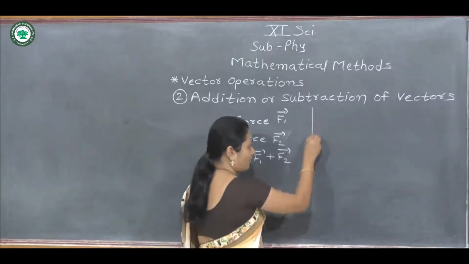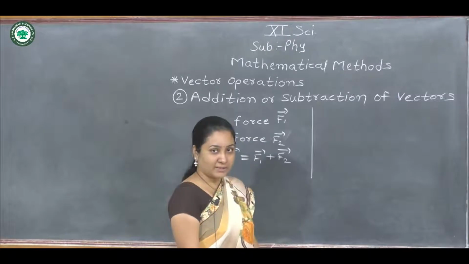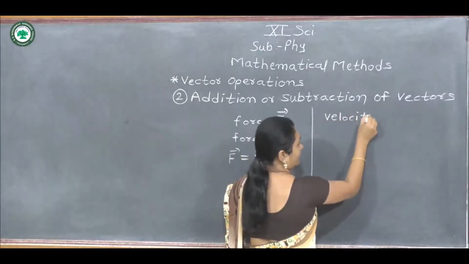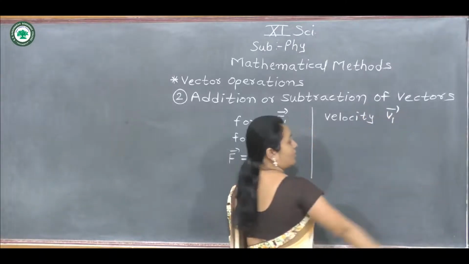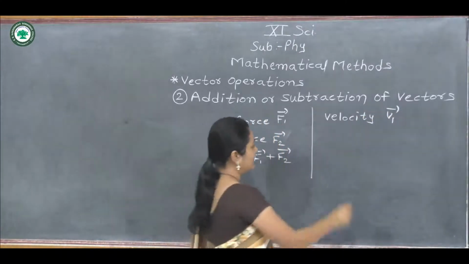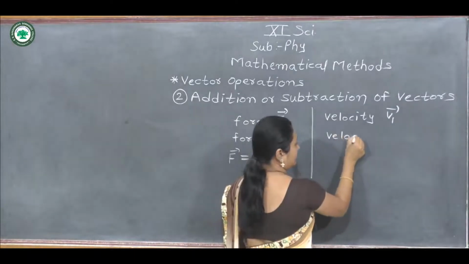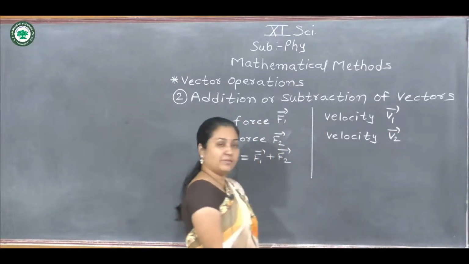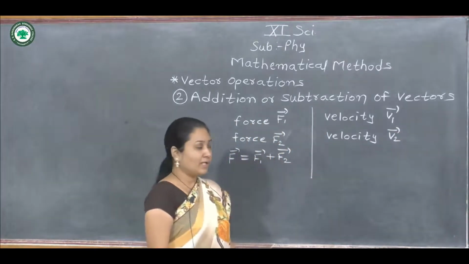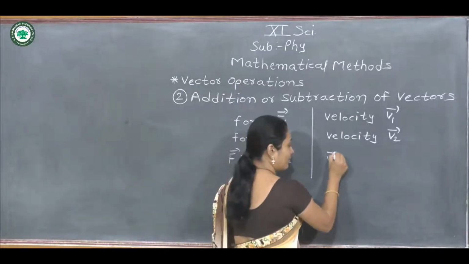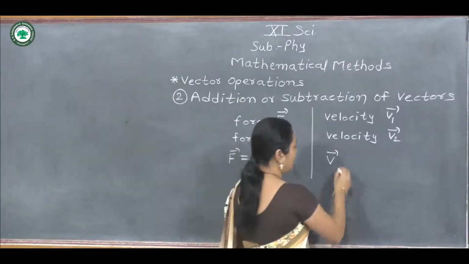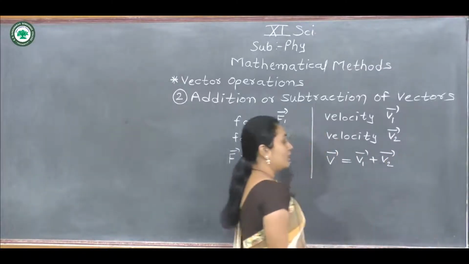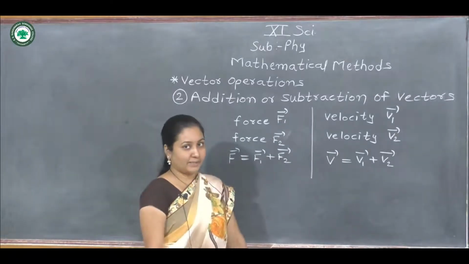Similarly, we have two velocity vectors. Suppose velocity v1 bar, similarly velocity vector v2 bar, then the resultant vector v bar is equal to v1 bar plus v2 bar, like that.